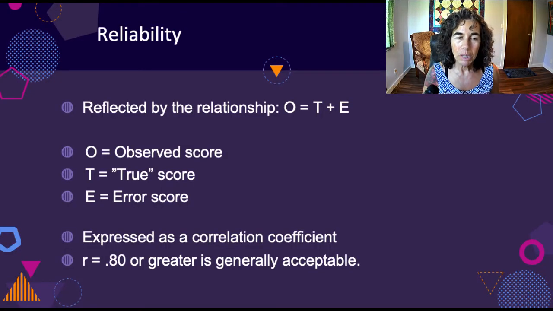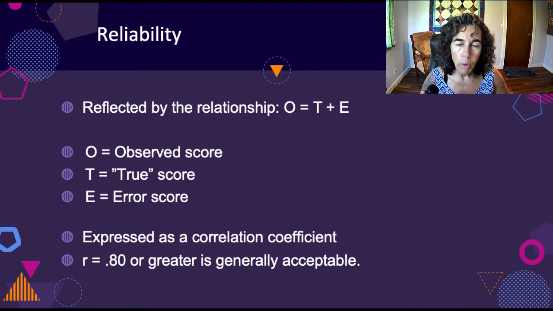All right. So reliability can be reflected by this relationship. O, which is the observed score a person gets, equals their true score, which is what they can actually do, plus their error score. So it's expressed as a correlation coefficient, as I just said. R, which is the correlation coefficient, is 0.80, and 0.80 or higher is generally acceptable.